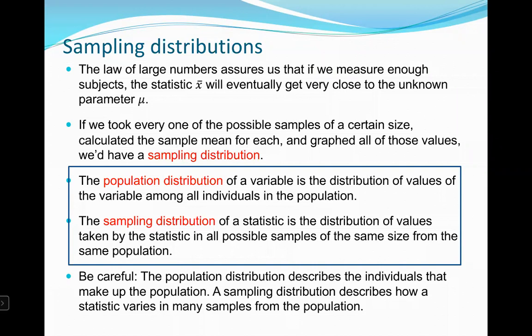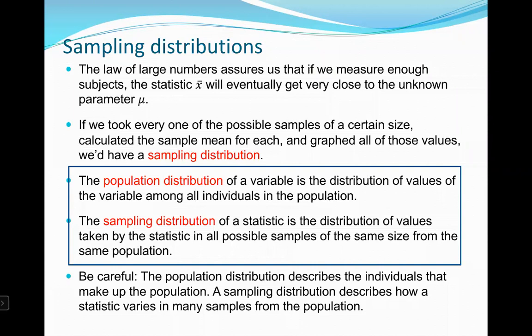The population distribution of a variable is the distribution of values of the variable among all individuals in the population. The sampling distribution of a statistic is the distribution of values taken by the statistic in all possible samples of the same size from the same population. And a note of warning, be careful.